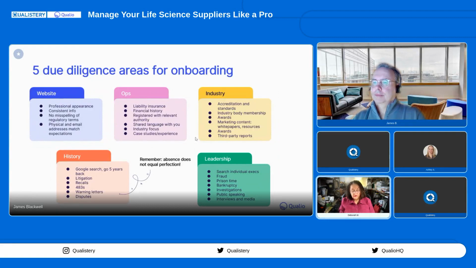I've not looked at industry body membership as part of a supplier approval, but certainly if it's important, that would be something that you would want to see. Third-party reports. Some companies will have a third party do a general audit and then provide that to you instead of you having to go into an audit. So that's a possibility. And then, of course, the history of the company.